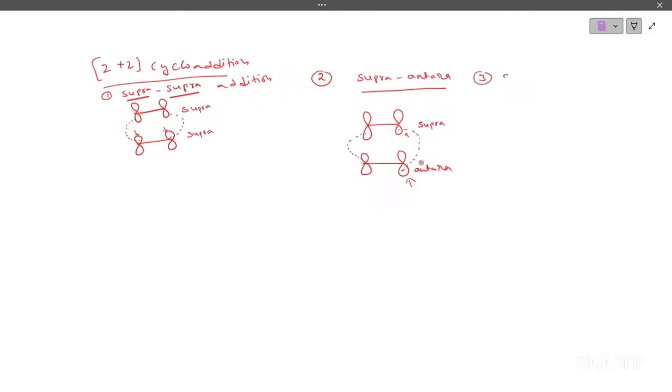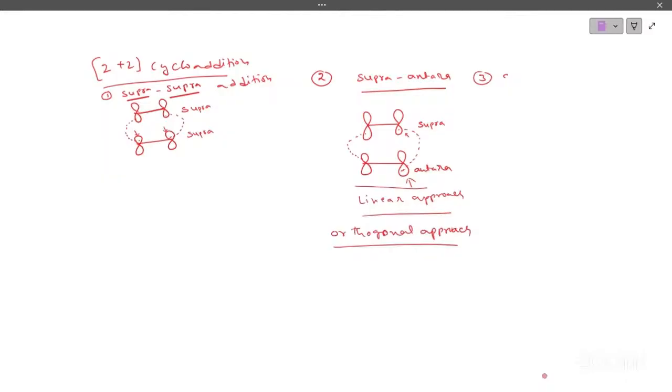Now here, this supra-antara interaction, this orientation is called the linear approach. It can also be explained in the orthogonal approach.